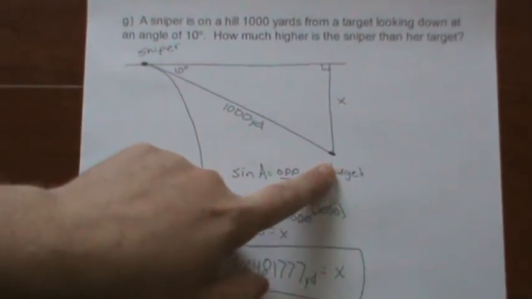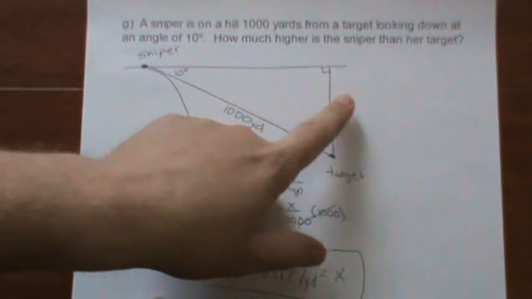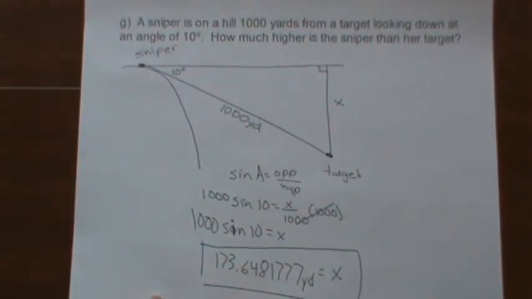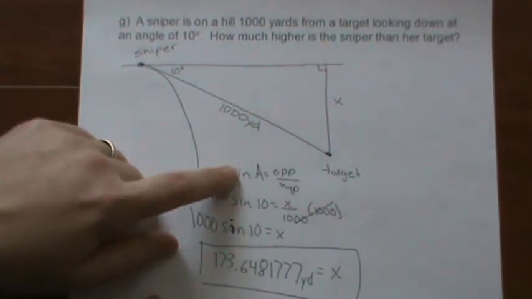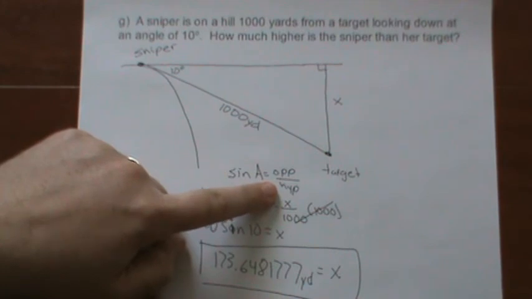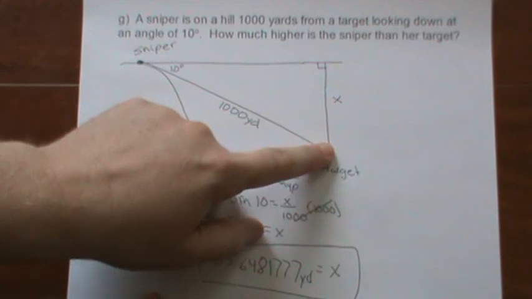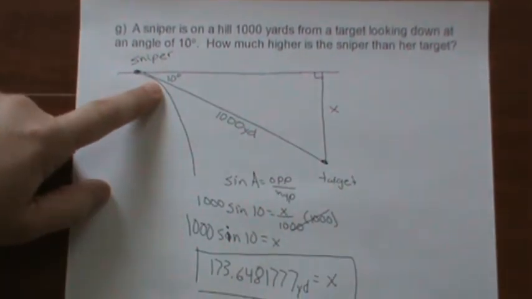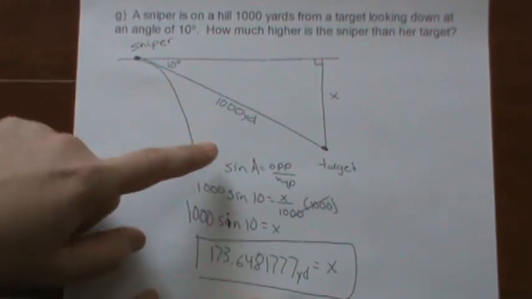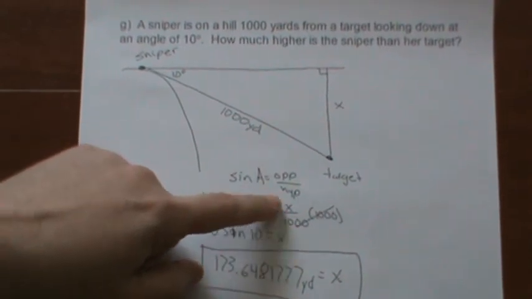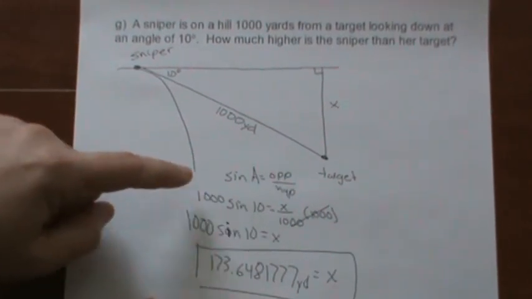Since I'm working with a hypotenuse and an opposite again, yet again, this is another sine problem. Sine of the angle equals opposite over hypotenuse. In this case, our angle is 10 degrees, our opposite is x, and our hypotenuse is 1,000. When I substitute in, I'll have sine of 10 equals x over 1,000, multiplied by 1,000 on both sides.